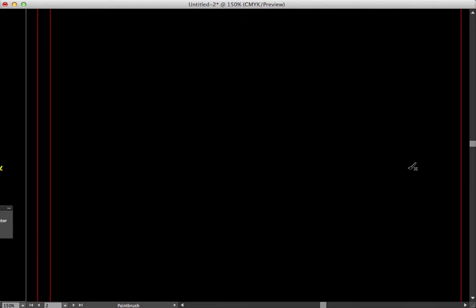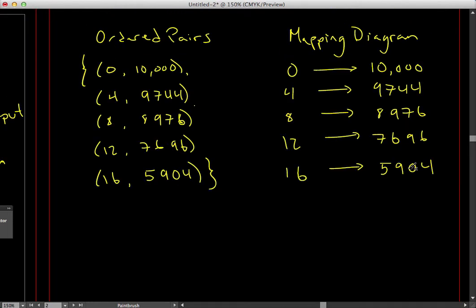If we wanted to create a table of values, for our inputs followed by our outputs, each input is paired with exactly one output.